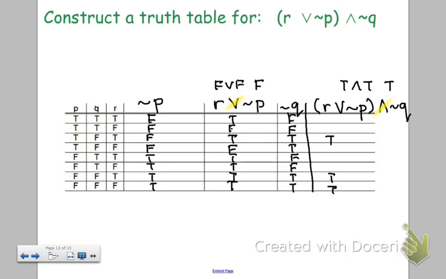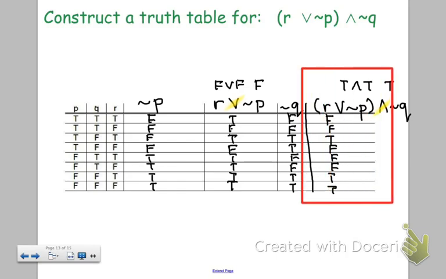All the other rows, the 1st, the 2nd, the 4th, 5th, and 6th, are all false. So when I read down that very last column of the quantity R or not P and not Q, I have false, false, true, false, false, false, true, true.